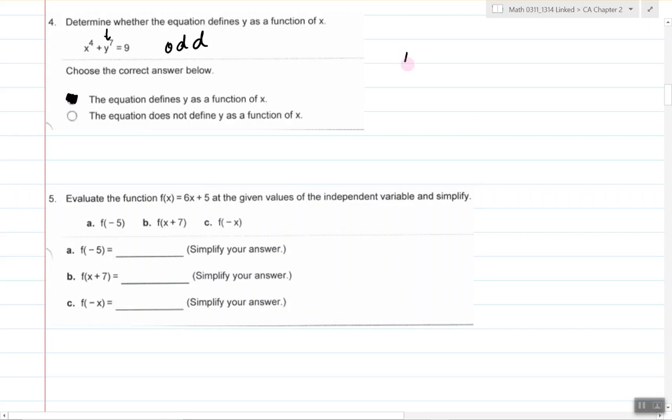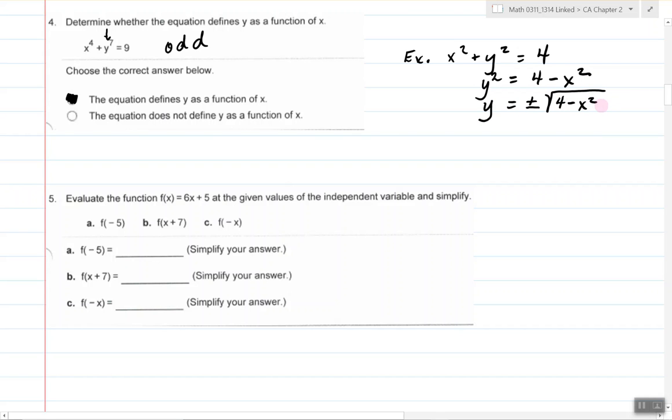So let me go ahead and give you just a counterexample. If you had x squared plus y squared equals 4, which by the way happens to be the equation of a circle, and you got y by itself, you'd have y squared is equal to 4 minus x squared. When you use the square root property, which we've studied before, you'd get y is equal to plus or minus the square root of 4 minus x squared.